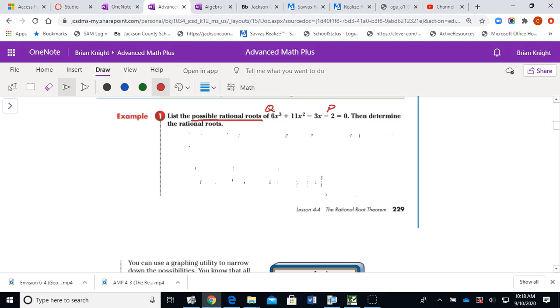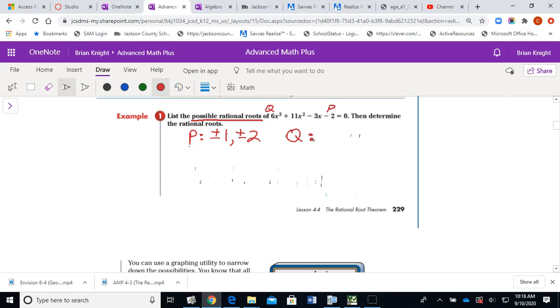Basically, the last number is your P, the first number is your Q. To get all the possible rational roots, you have to find all the factors of P. So what are the factors of negative 2? Plus or minus 1, plus and minus 2. Okay, don't forget the plus or minus, because it could be positive 1 or negative 1, could be positive 2 or negative 2.